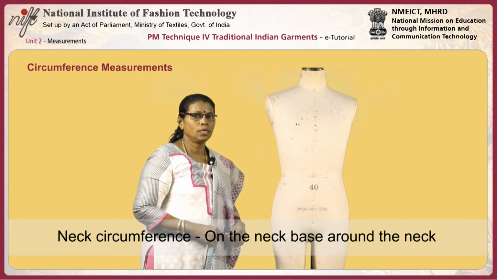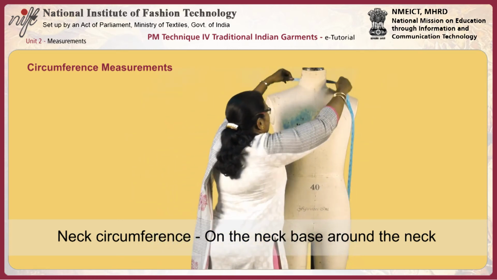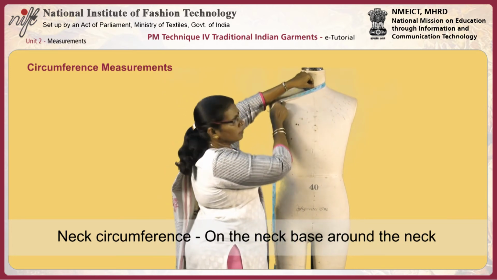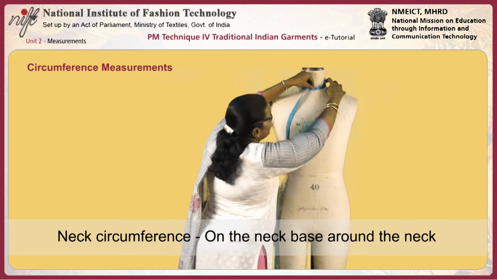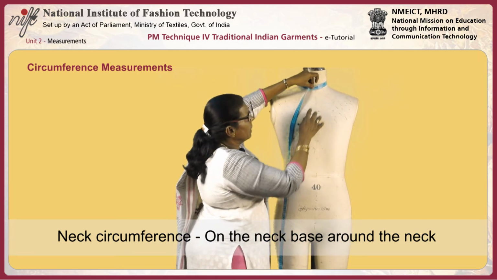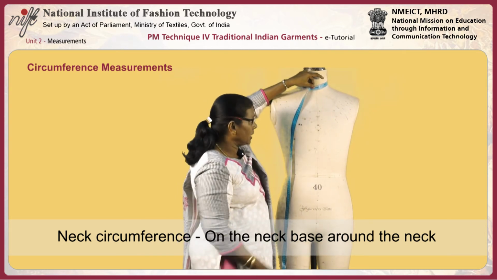Next, we are going to see the neck circumference. On the base of the neck, the tape should rest on the neck base at front and back, with 1 finger ease, and that is the neck circumference.